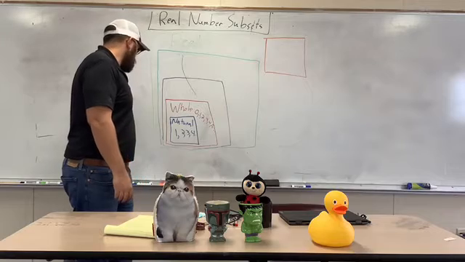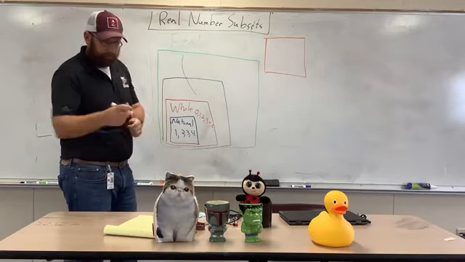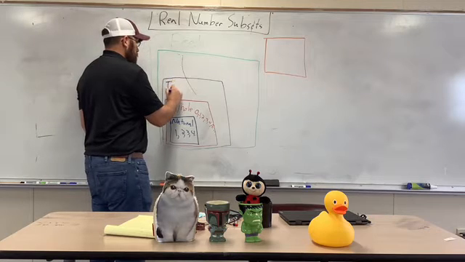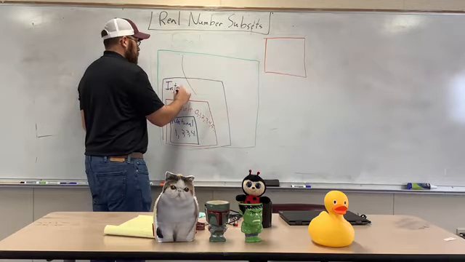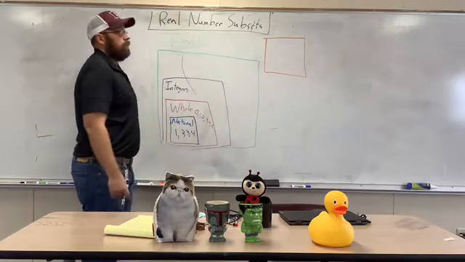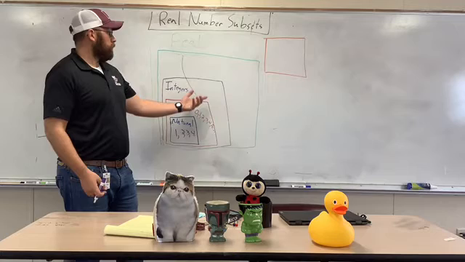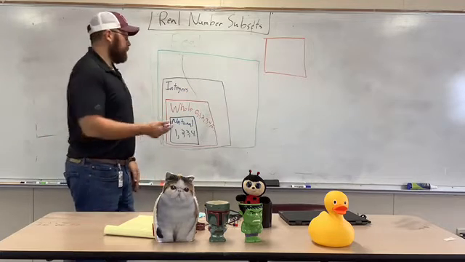So next, after whole numbers, we have integers. What we add with integers, from natural to whole, we add our negative numbers in.